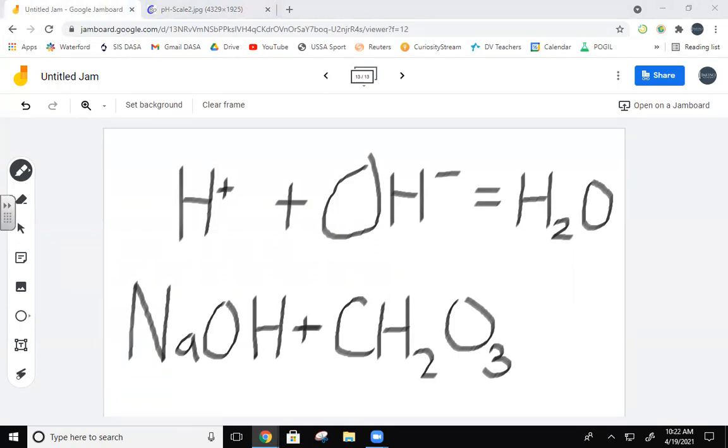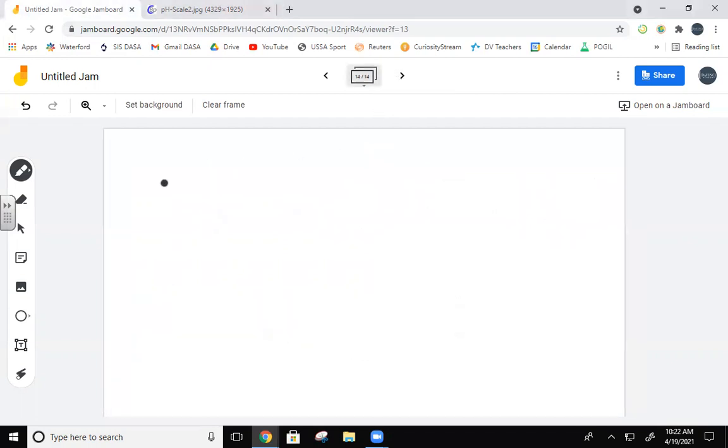So what does it do? Well, it makes two very common things. When we add these two together, I'm going to write this out again, just smaller. NaOH plus H2CO3, or you could write it.